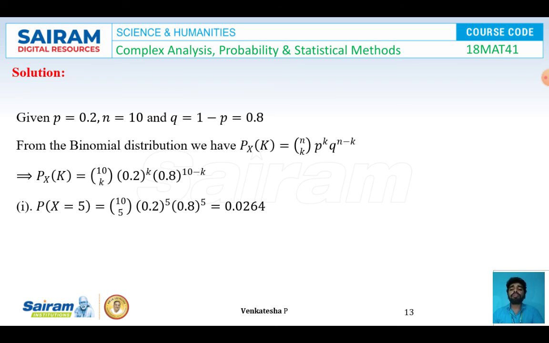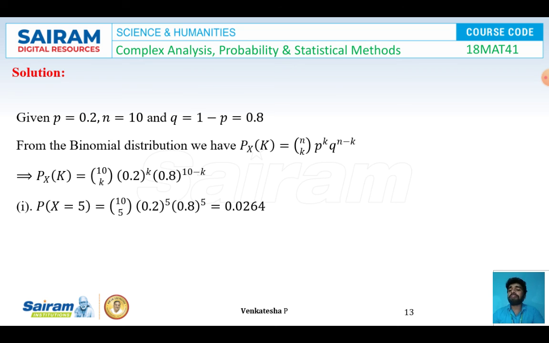Now from the binomial distribution, we have P(X=k) equal to nCk p^k q^(n-k). I'll be replacing n equal to 10, p equal to 0.2 and q equal to 0.8 in this expression. So I got P(X=k) equal to 10Ck (0.2)^k (0.8)^(10-k).